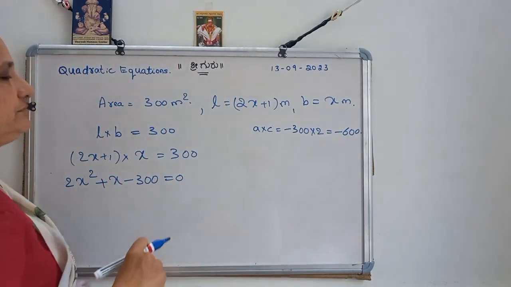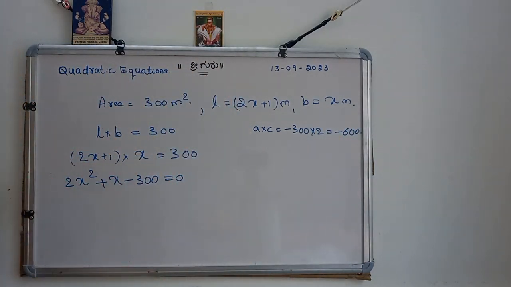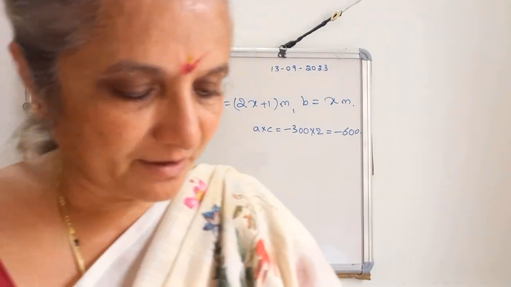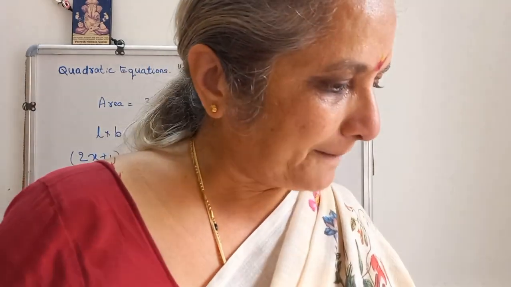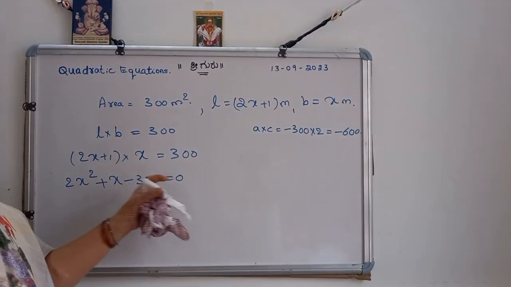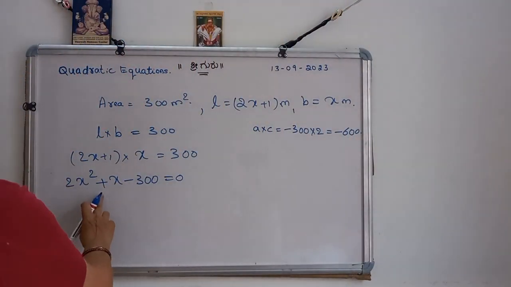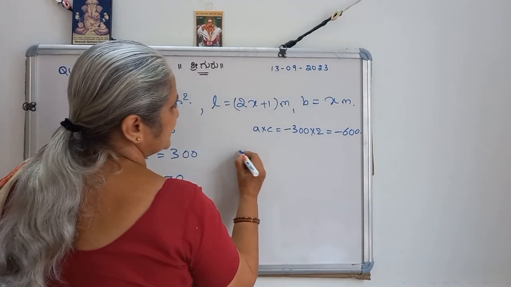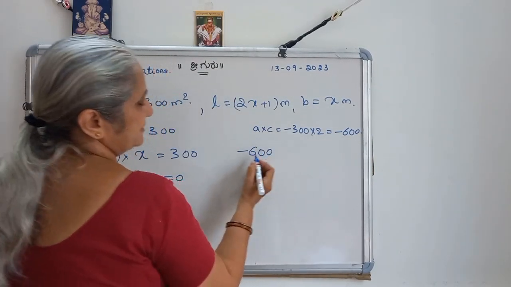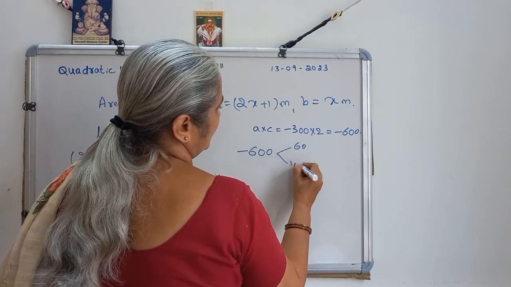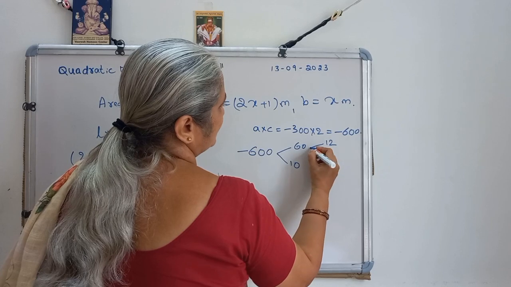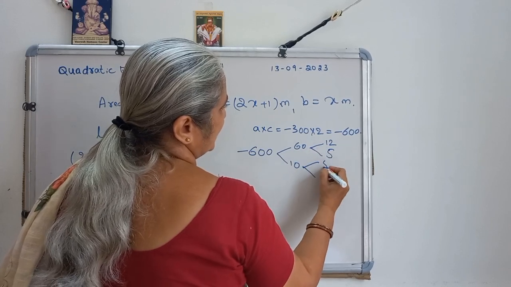So, we have to find the factors of minus 600 in such a way that their sum should be plus 1 here. So, minus 600, we should take the factors, means 60 into 10, 12 5s are, 5 2s are.